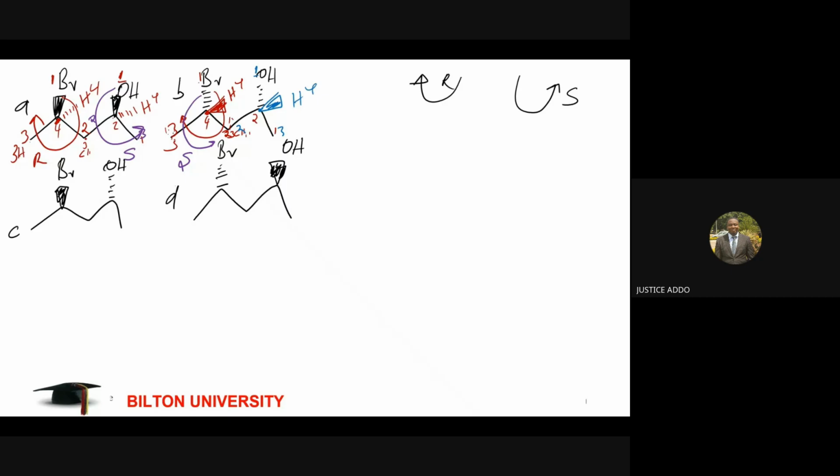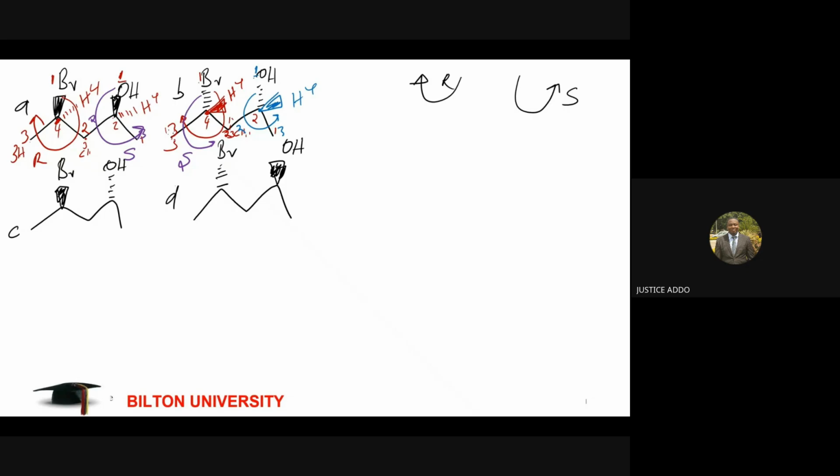So now, if this is number 1, number 2, number 3, we need to come this way so that we move in the S direction. But when we reach carbon number 3, hydrogen, which is the least priority, is in the front, blocking us from viewing the molecule directly.